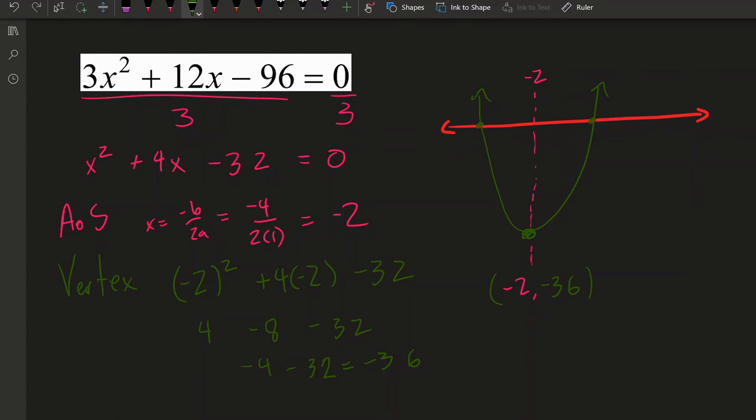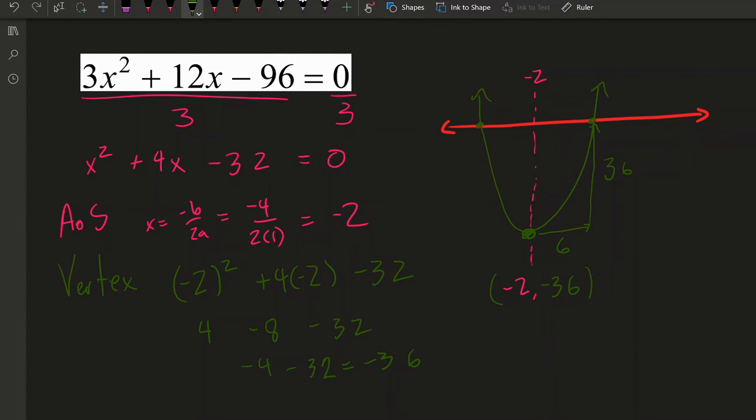So, knowing that I'm here at -36, in order to reach 0, that means I need to go up by 36. Knowing how the behavior of the parent graph works, in order to go up 36, what number do I have to square to get 36? I know that this number here would have to be 6, because 6 times 6 is 36.